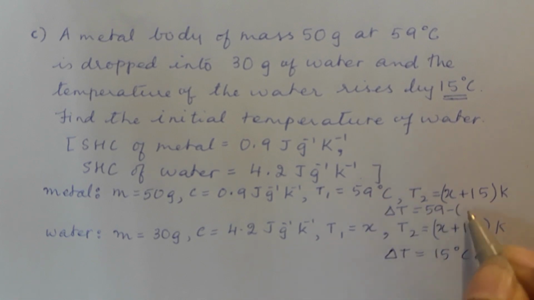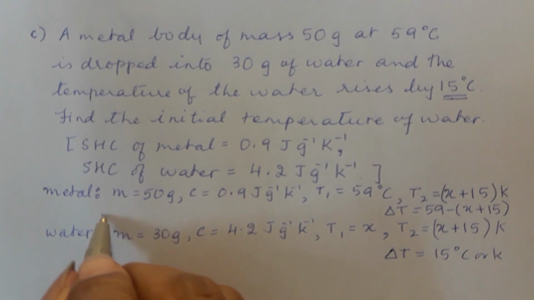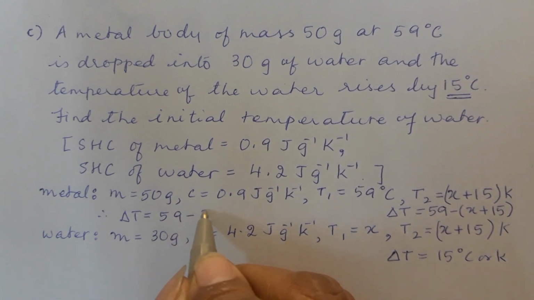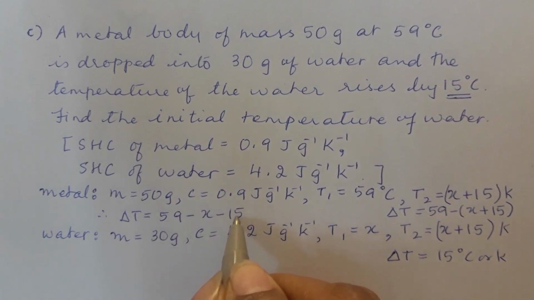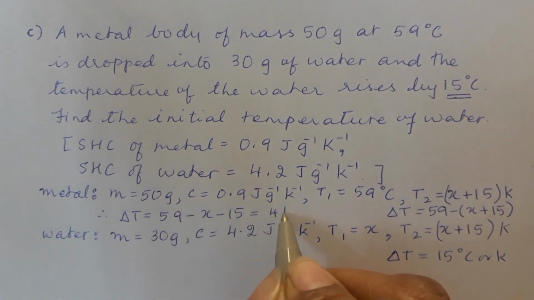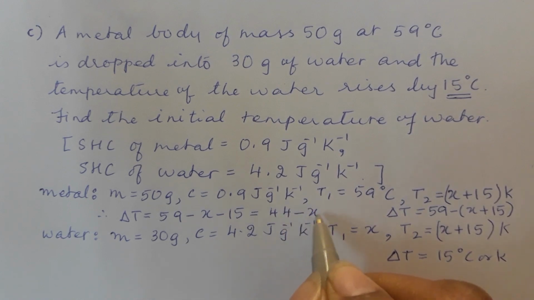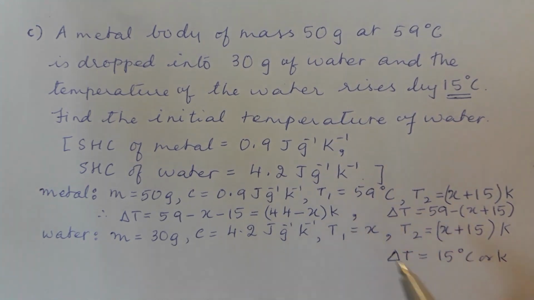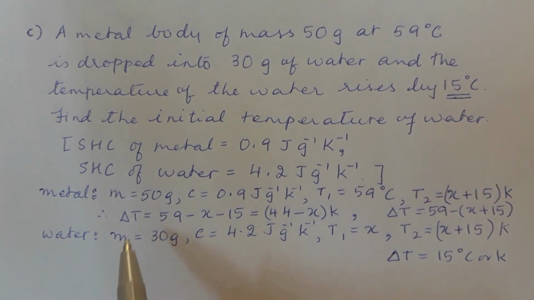So 59 minus (X plus 15), and therefore delta T will be equal to 59 minus X minus 15, which gives us this delta T, that is the change in temperature for metal.